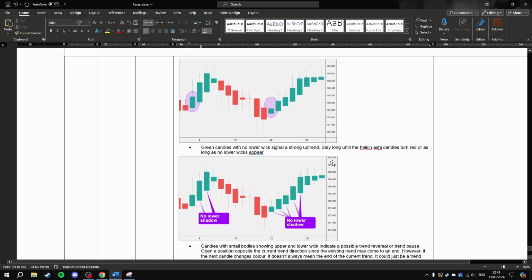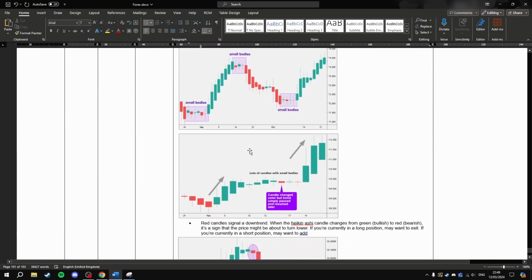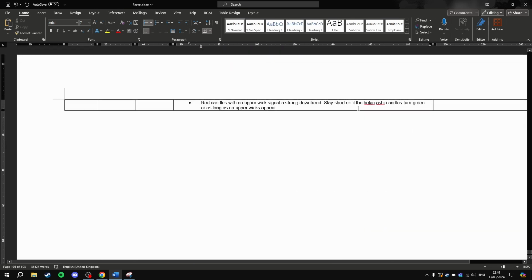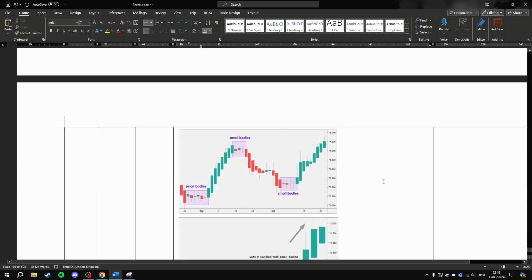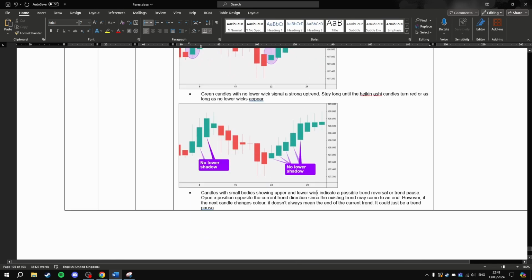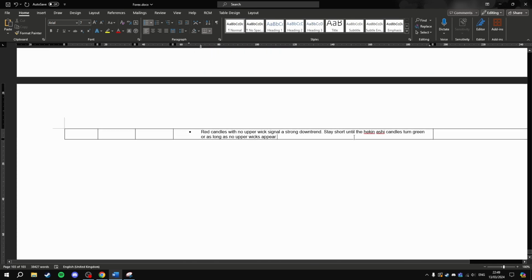Stay long until the heikin ashi candles turn red, or as long as no lower wicks appear. Stay short until the heikin ashi candles turn green, or as long as no upper wicks appear.